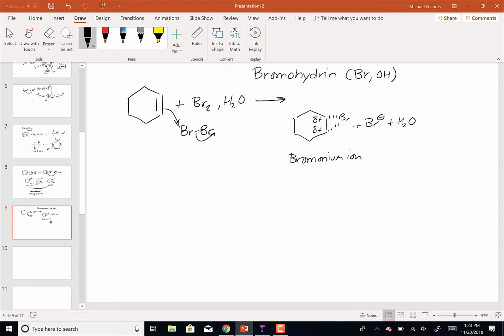So now the water's going to attack either one of those carbons in this case. So the water comes in, attacks, the pair of electrons goes to the bromine. I end up with the bromine maybe adding from the top, and I end up with the water adding from the bottom. And again, whole water molecule adds.